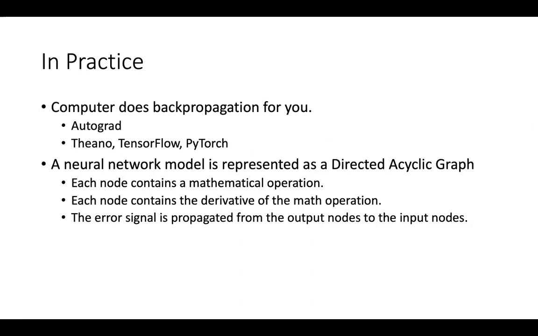So you can represent it as a directed graph where each node contains some mathematical operation, like a multiply or some value. There's a single operation in each node, and each node contains the derivative of the math operation. So once you have a graph of nodes that contain this information, you can do the backprop using the chain rule.